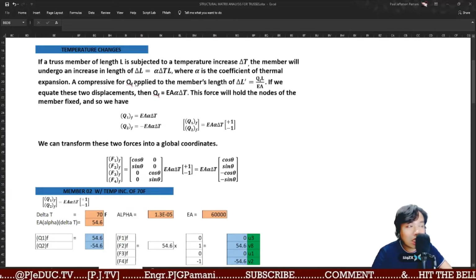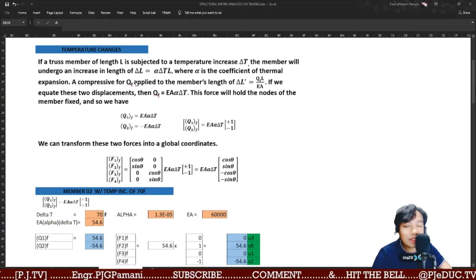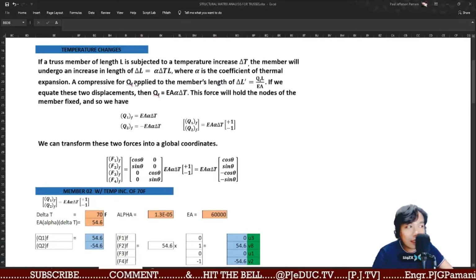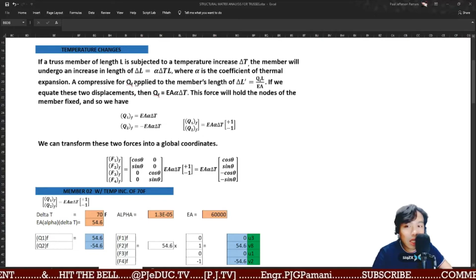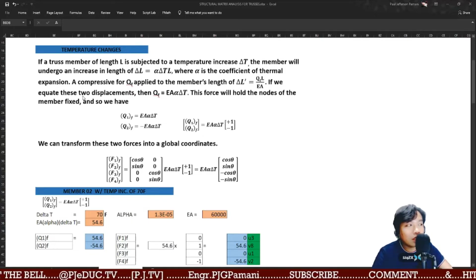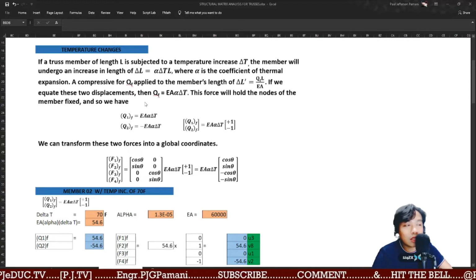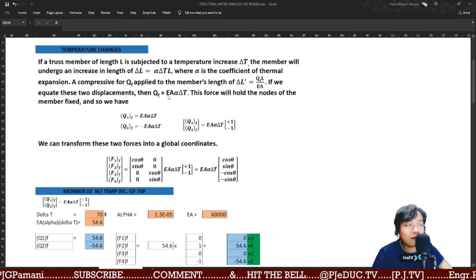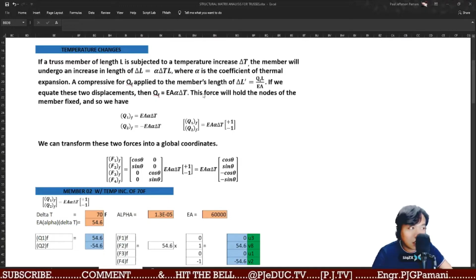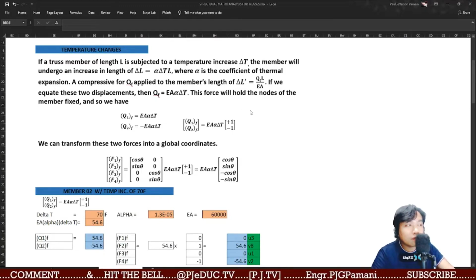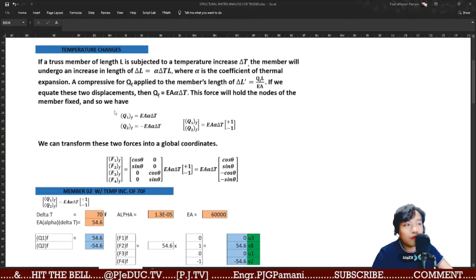So what we will get here at this time is the change in force along a member which experiences a change in temperature with regards to its change in length as well. If we equate this to displacement, then the force Q is now equal to EA alpha delta T. Okay? This force will hold the nodes on the member at fixed points.